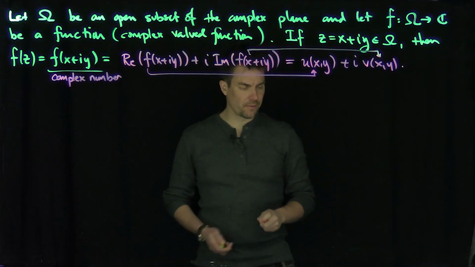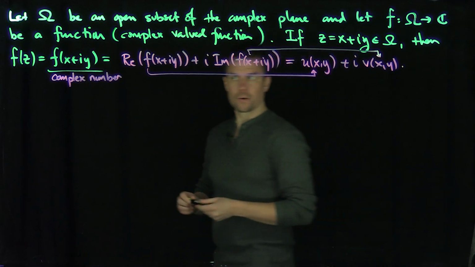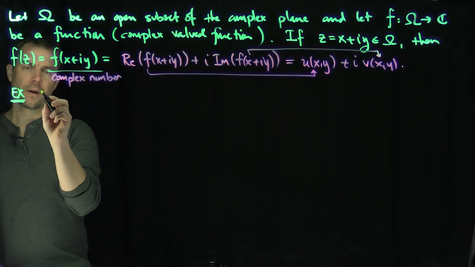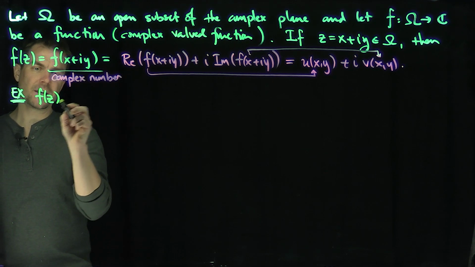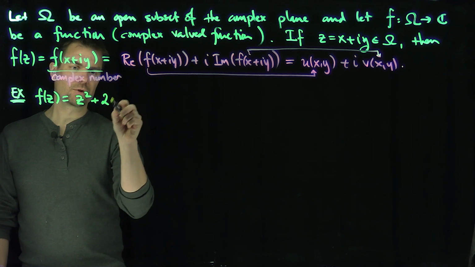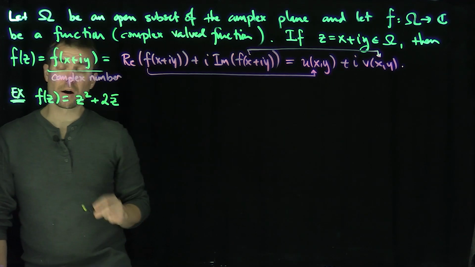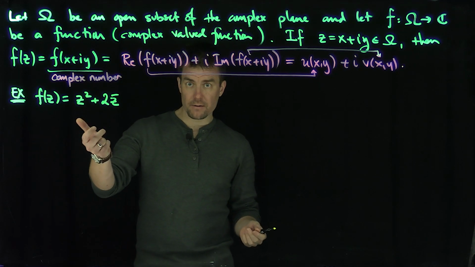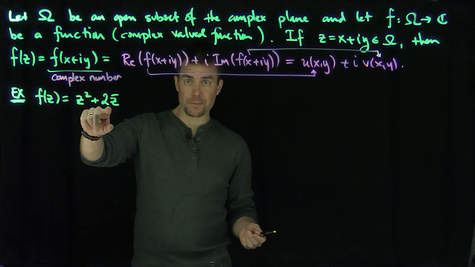Excellent. So let me show you an example of a complex valued function. I'm going to look at f of z equals z squared plus 2z bar. It takes any complex z and gives me another complex number.